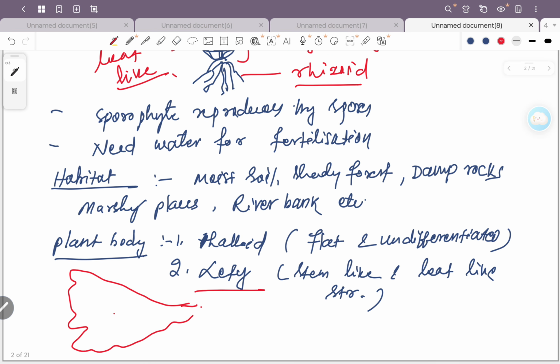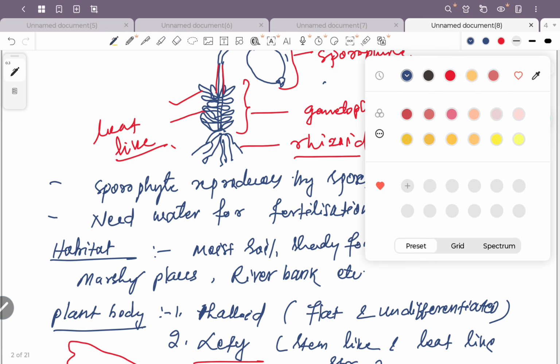Now they have the rhizoids. I have already told you they are root like structures. What is the role of rhizoids? Let me tell you.